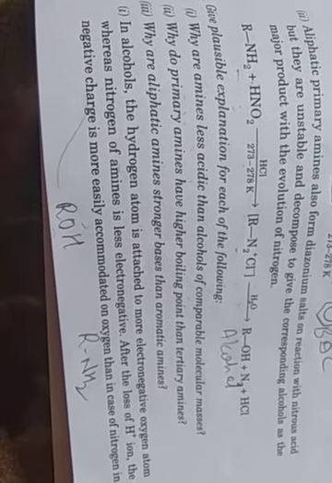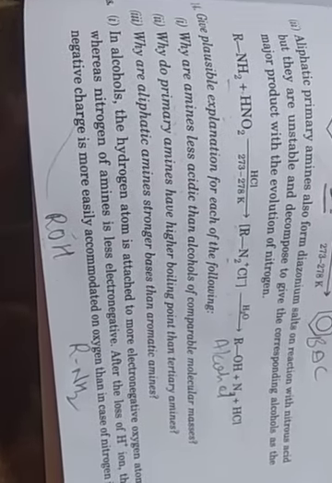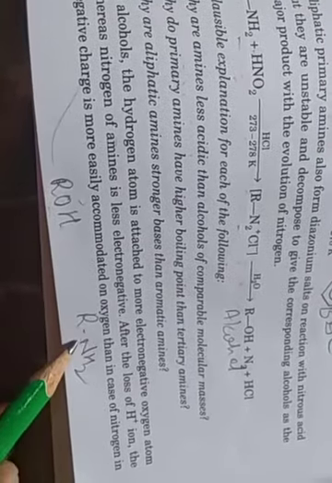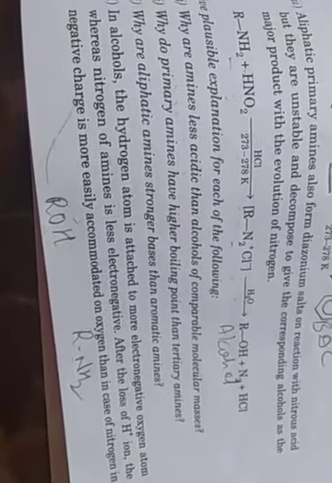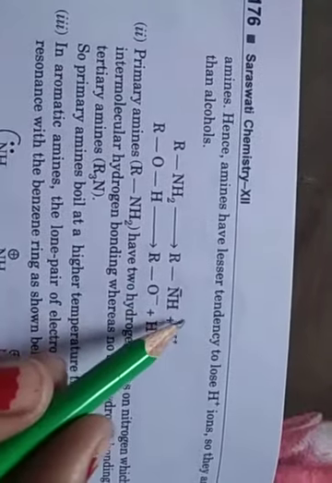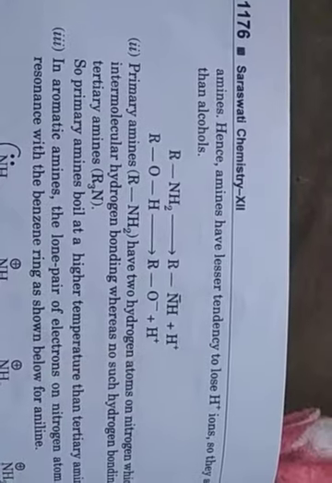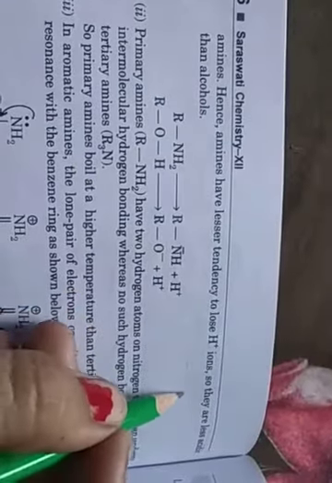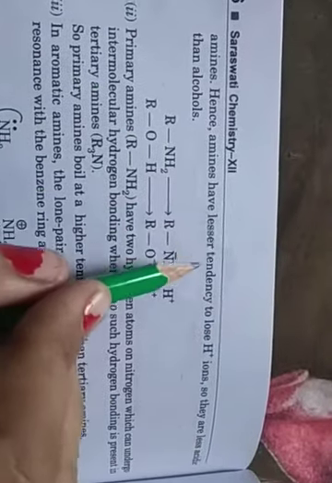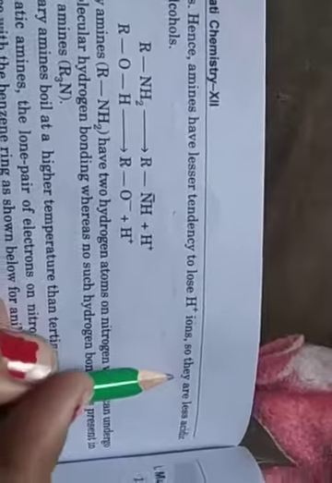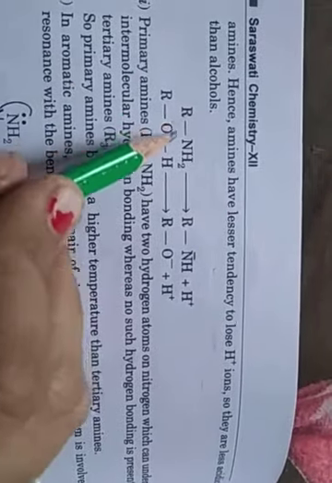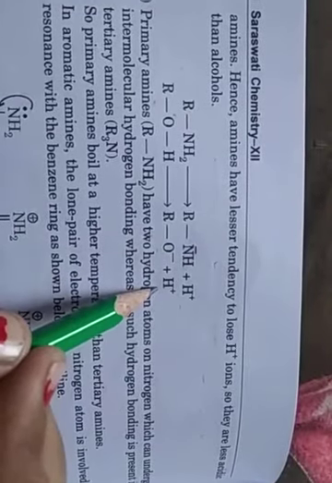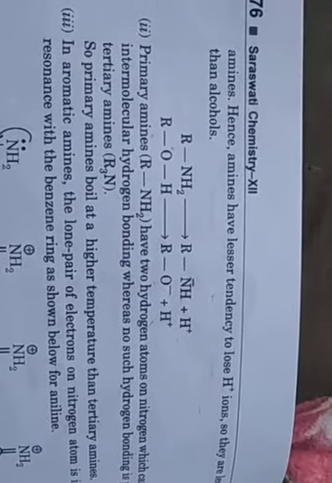So after loss of the H+ ion, the negative charge is more easily accommodated on the oxygen atom than on the nitrogen. So amines have a lesser tendency to lose the H+ ion, so they are less acidic than alcohol: RNH2 gives RNH- plus H+, and here RO- plus H+. This is the alkoxide ion after H+ is removed.